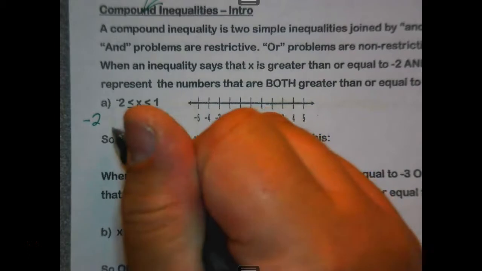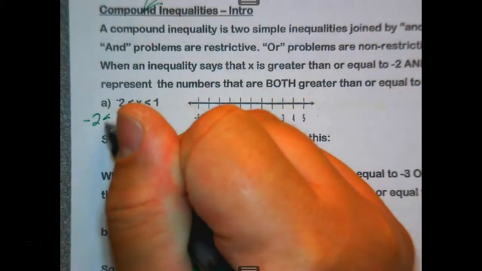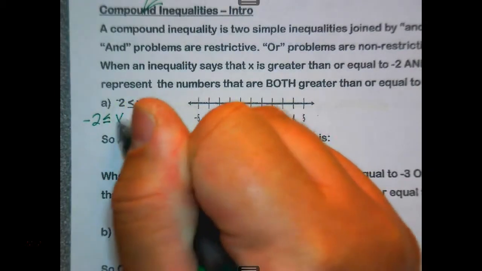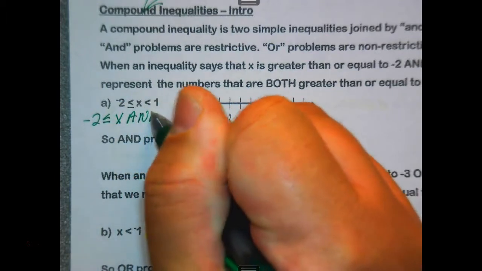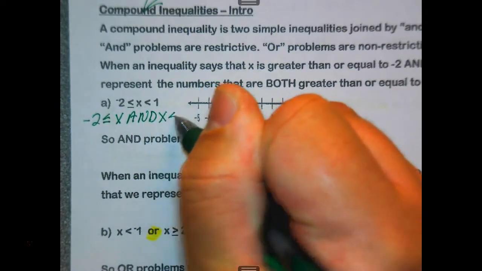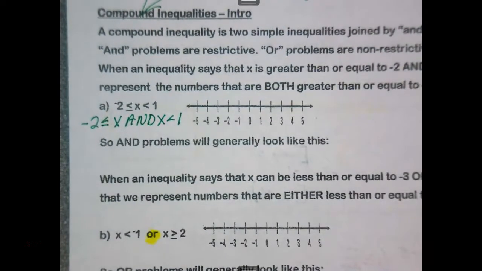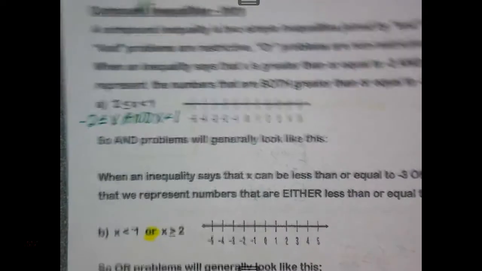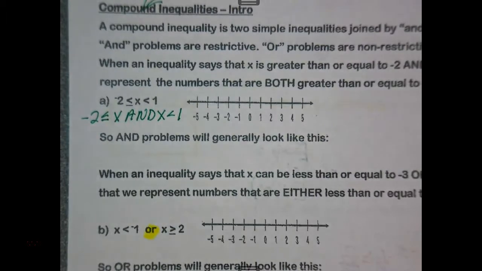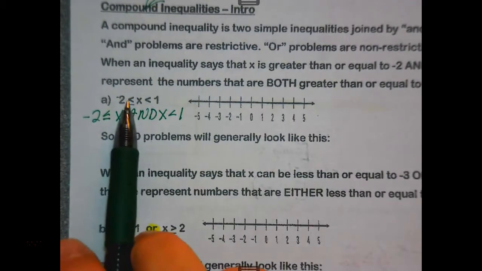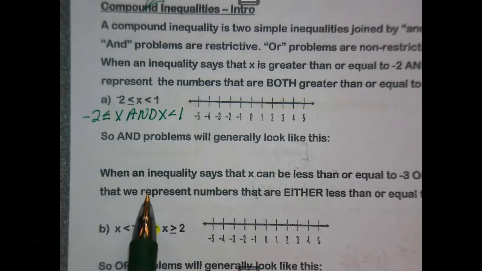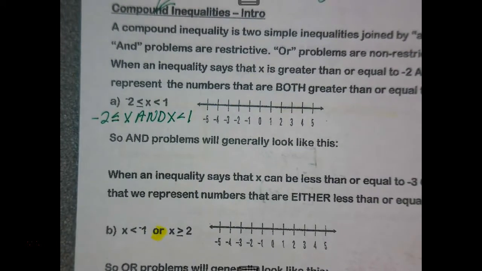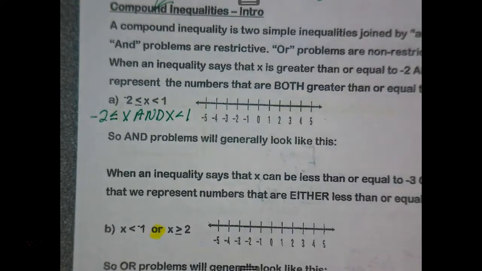This actually says -2 is less than or equal to x, and x is less than 1. See how they just took out the word and squished it? Okay. Whenever you see an inequality statement with no conjunction word, it's an and problem. Just going to have to remember that.